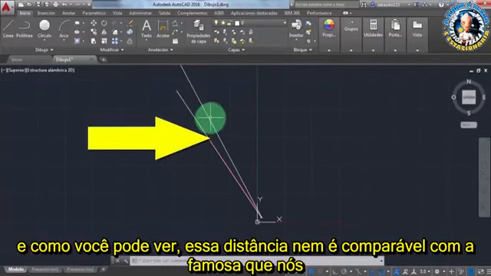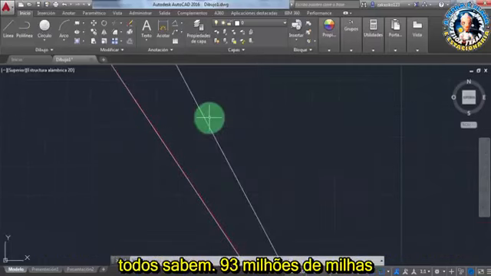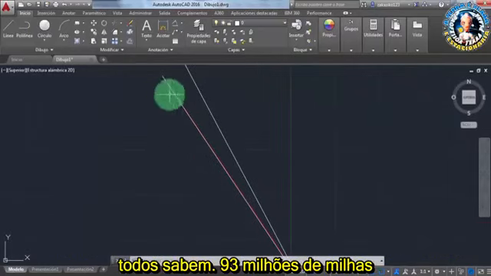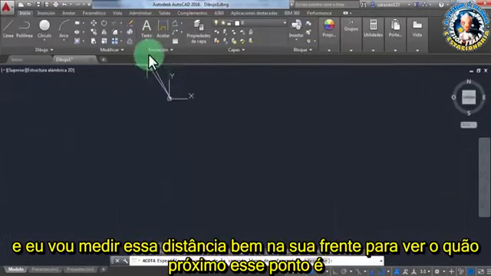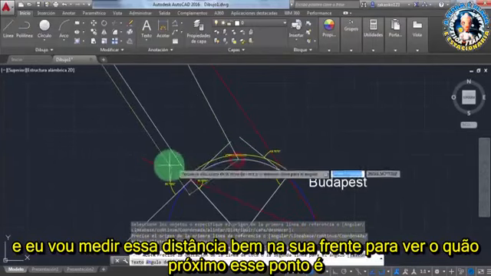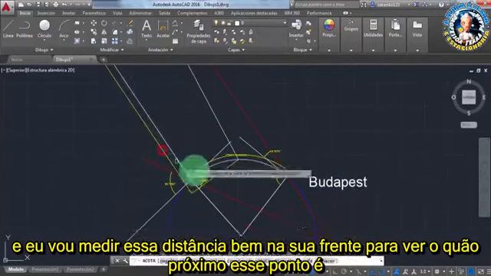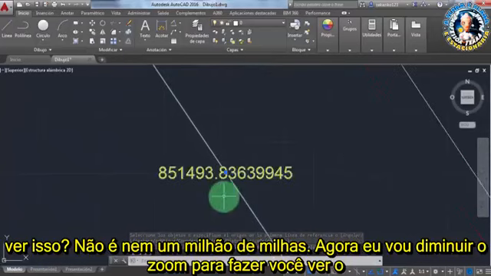And as you can see, this distance is not even comparable with the famous one that we all know, 93 million miles. And I am going to measure this distance right in front of you to see how close that point is. See that?